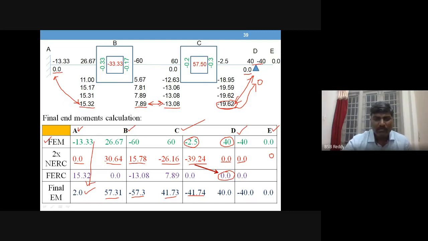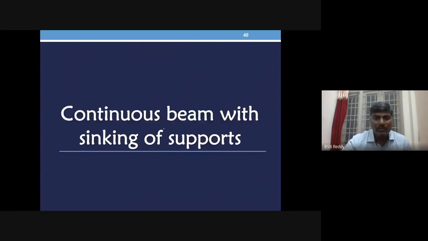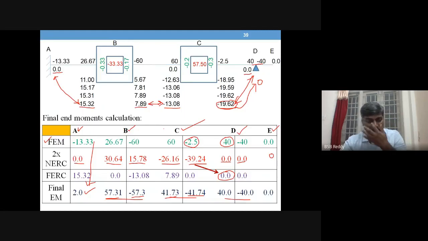So sum of moments at B shall be 0, sum of moments at C shall be 0, and at D shall be 0. So these are all the joint equilibriums that are to be satisfied. Okay, so this is how we solve the continuous beam with overhang.